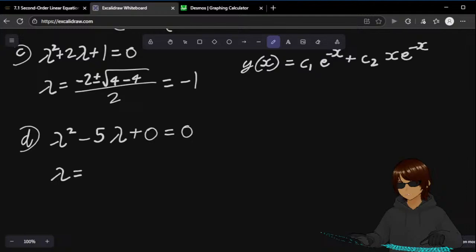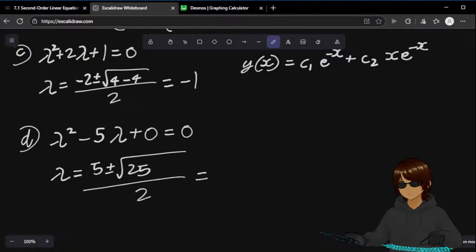Lambda is equal to minus b plus minus the square root of b square minus 4 times ac over 2a. 5 minus 5 is 0. 5 plus 5 is 10, and we are left with 5. It's a single solution.